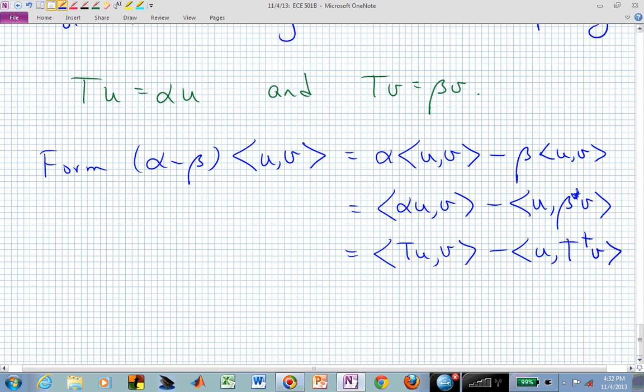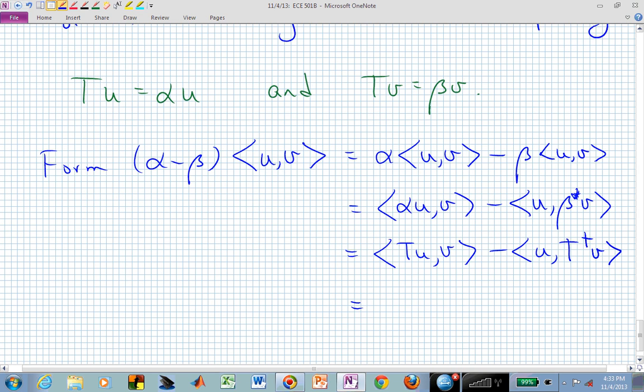But now what do we know about that last line? tuv minus u t dagger v. So I could make this tu comma v. This is the definition of an adjoint, isn't it? So those two terms, those inner products, those scalars are equal.